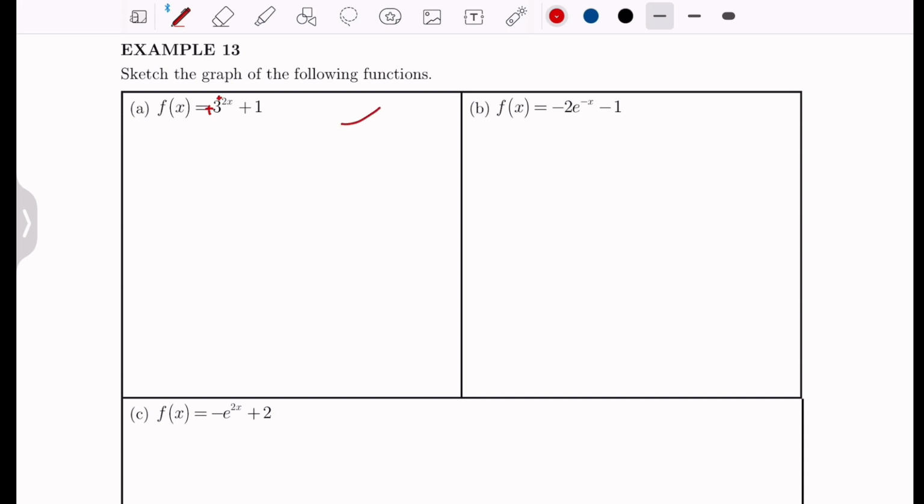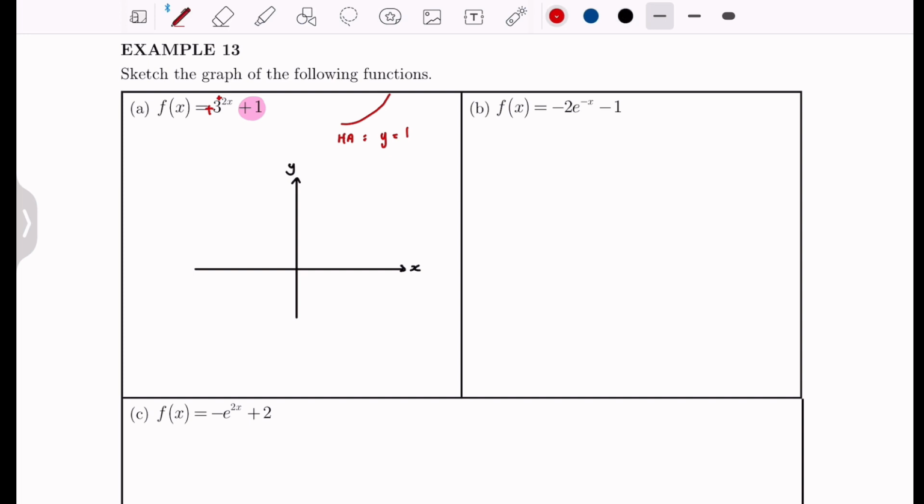So ini bentuk graph kita. After that, we have to determine the horizontal asymptote. So kita akan ambil term yang bukan exponential. So the term that is not exponential is plus 1. So our horizontal asymptote is y equals 1. So we can start to draw the exponential function. Draw the x-axis. Draw the y-axis.